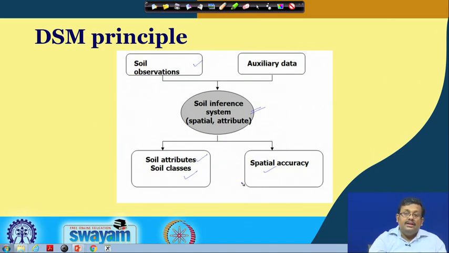So, the beauty of DSM is not only that it gives the estimate of soil attributes from this soil inference system or this particular spatial prediction model, it also produces soil classes, and side by side it produces, this is the most important, spatial accuracy. A sense of accuracy you will get side by side from any DSM product. So, this is an overview of the DSM principle.